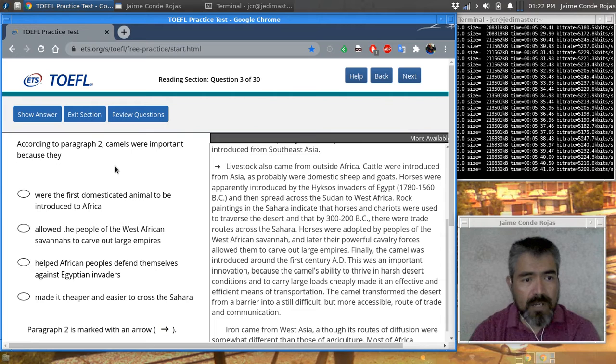Then we have, according to paragraph 2, camels were important because they, and here we can see the history of the camels in Africa, sorry, in Asia. Livestock also came from outside Africa. Cattle were introduced from Asia, and so on. So here you have the questions.